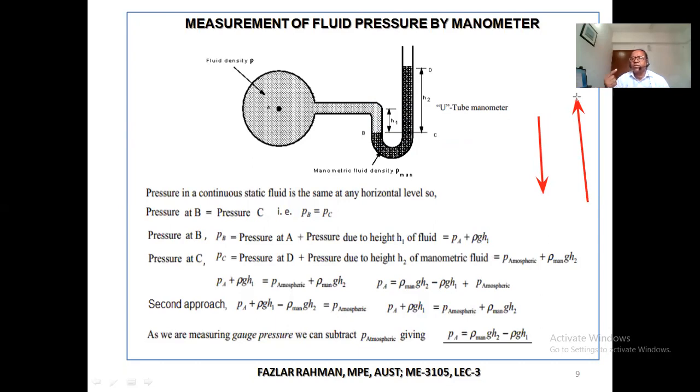From the bottom, you move up, pressure will decrease, minus. That we apply. You see, we start from this point, then walk down over here, and finally we are getting the same result. Similarly, you can start from point A, then go to point D, then figure out whether you are getting the same equation or not.